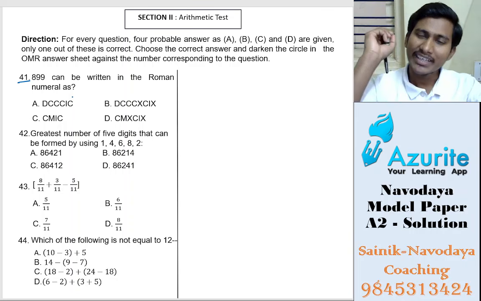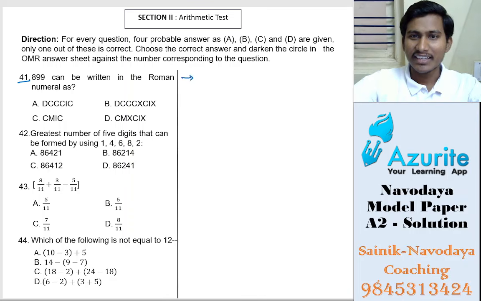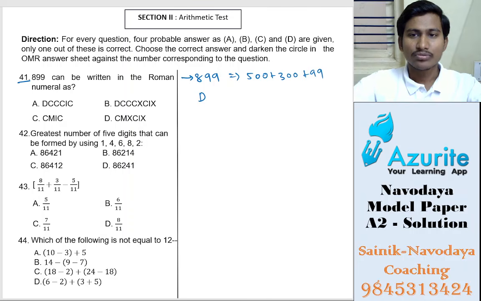So how do we write 899? 500 means D we write, right? So you can write it as 500 plus 300, then 99. 500 is D, okay. 100 is C, so 300 means we have to take 3 C's, right?